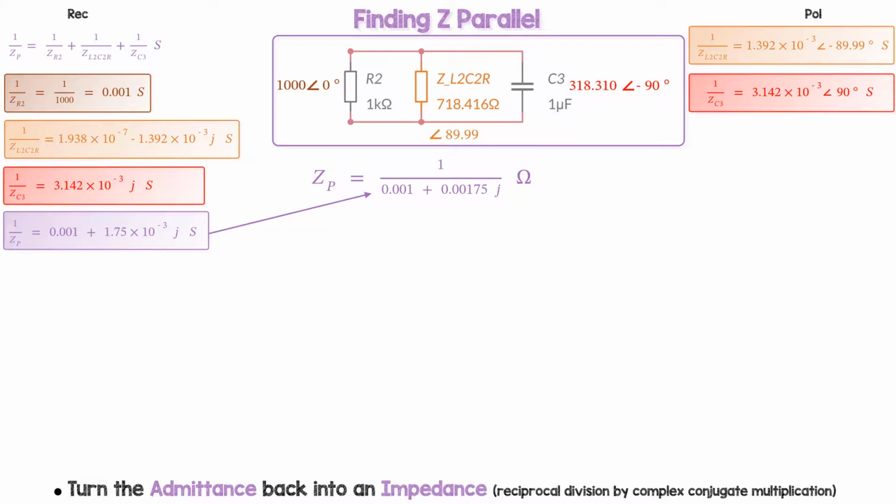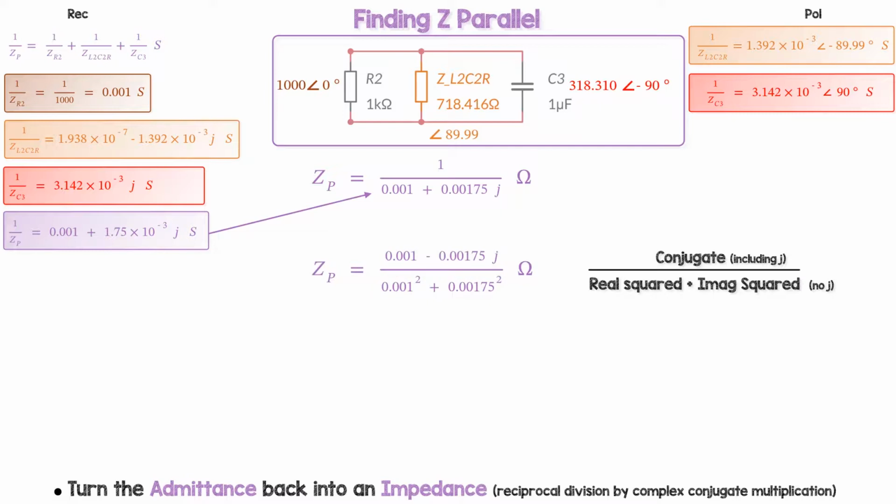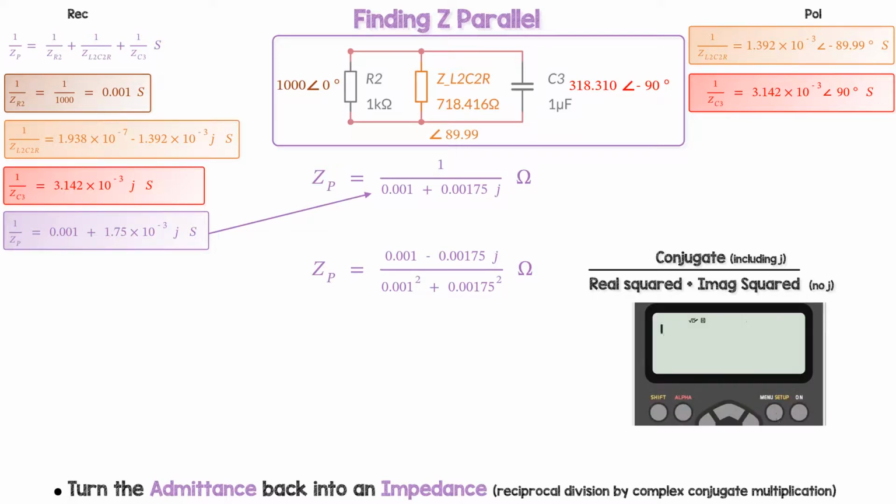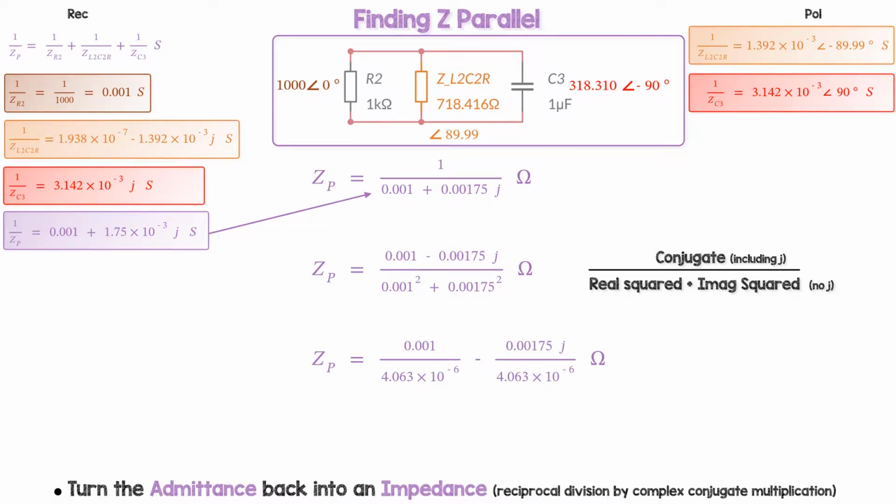In rectangular form, we use the same method as before, but we'll do it the quick way. The conjugate of the denominator divided by the real part squared plus the imaginary part squared, and we end up with no j because it's a real number. And that comes out as, on the denominator, 4 times 10 to the minus 6 roughly.